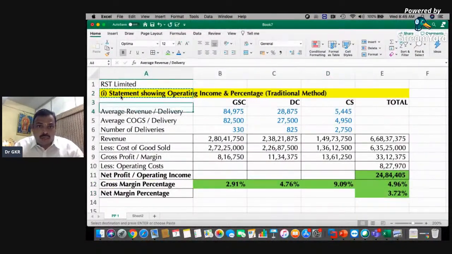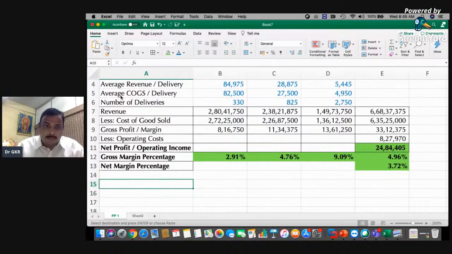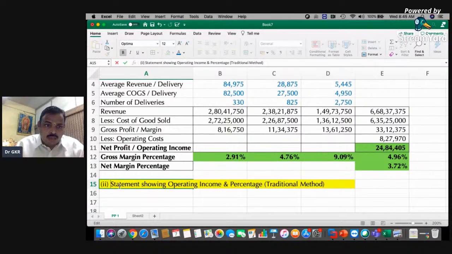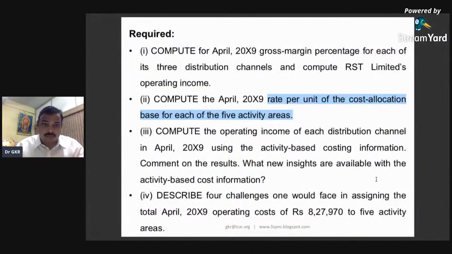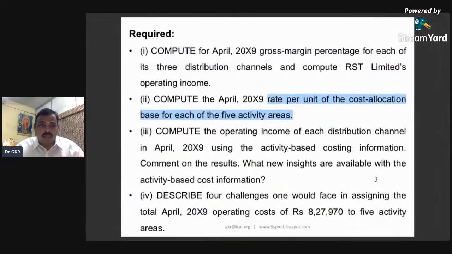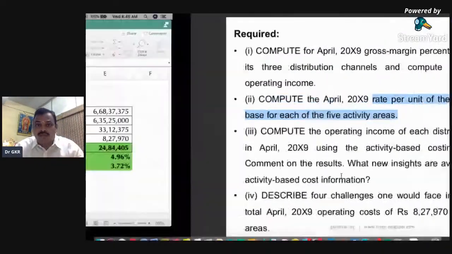So let me work out that. Statement showing rate per unit of cost allocation base for each of the 5 activity areas.